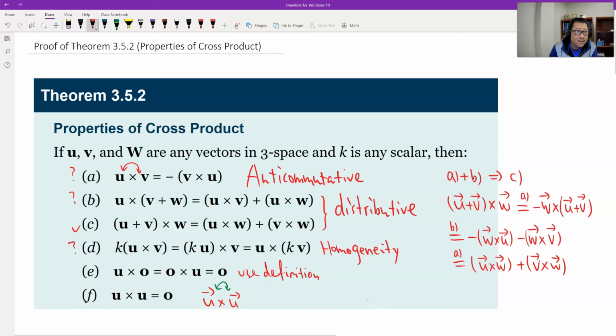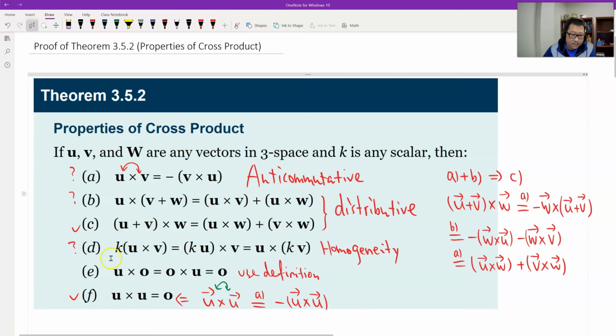So by A it goes to the opposite of U cross U, because U equals U, it is itself. What does this mean? This means the vector U cross U should be the zero vector, because only the zero vector equals the opposite of itself. So F is true, and E you leave to yourself.